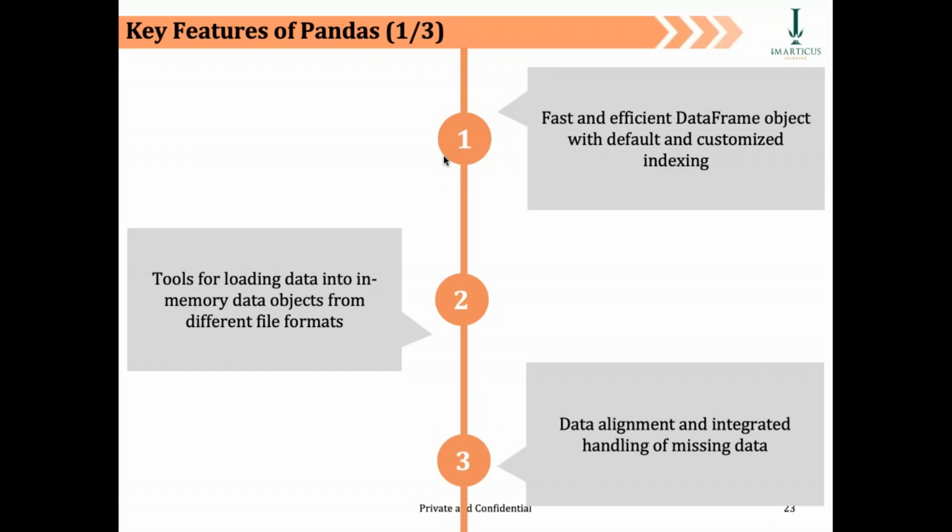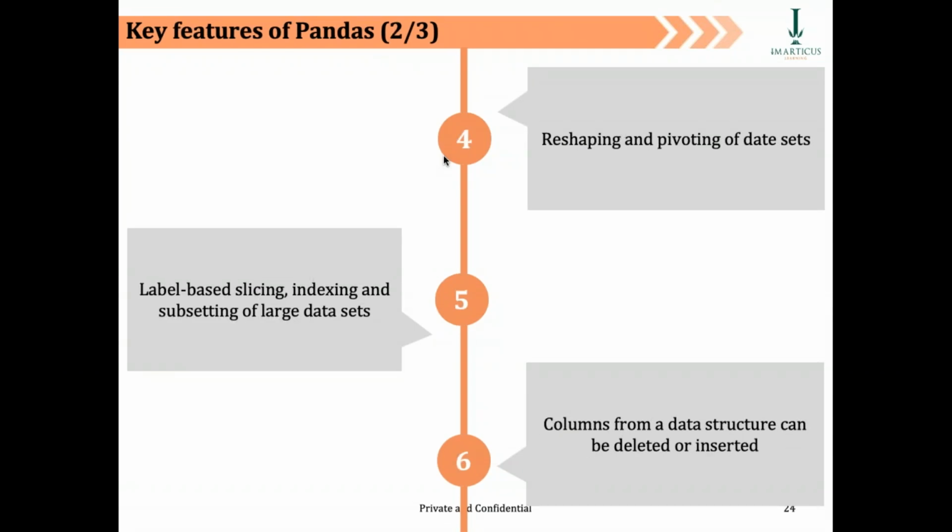Now, what are the key features of pandas? Pandas has a fast and efficient data frame object with default and customized indexing. It is a tool for loading data into in-memory data objects from different file formats, which I will show you. Data alignment and integrated handling of missing data, so you can perform various interpolation, extrapolation, and missing data operations in pandas.